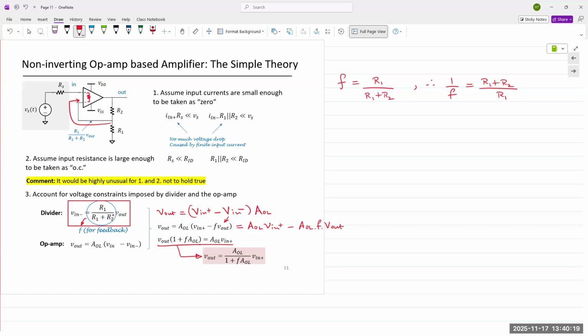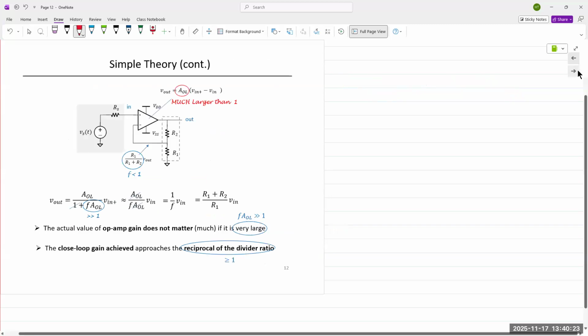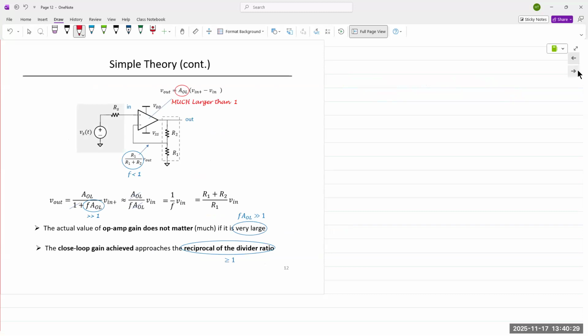All right, any other questions? So V out is AOL times V in plus minus V in minus. We obtain an expression right here: AOL over 1 plus F AOL. Well, open loop gain of an ideal op amp is infinite. A real life op amp is still very, very high.